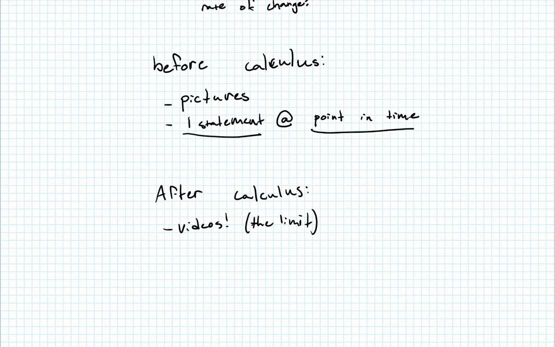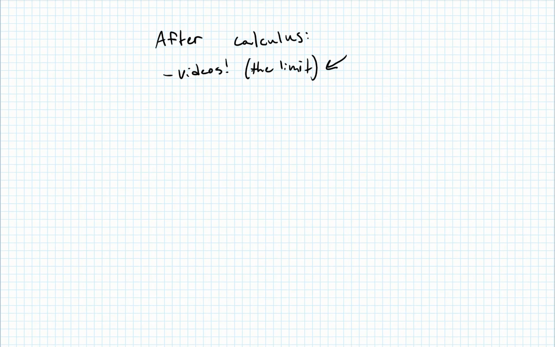And that relationship may not always be the case. So we need something to see what the general relationship is. And that's where the limit comes in, and why we need to introduce the idea of videos to math, why we need to introduce the idea of continuity.